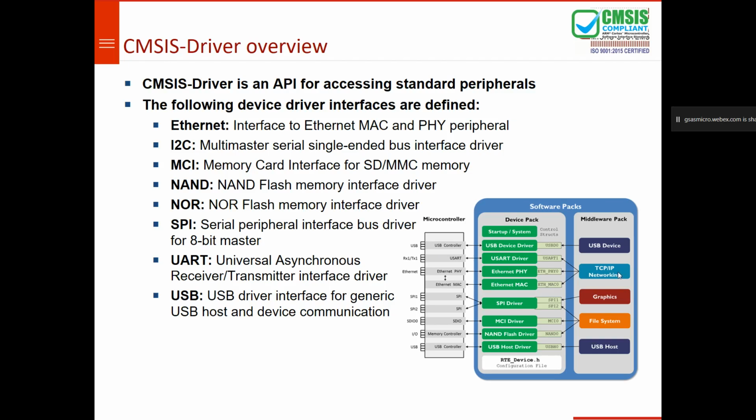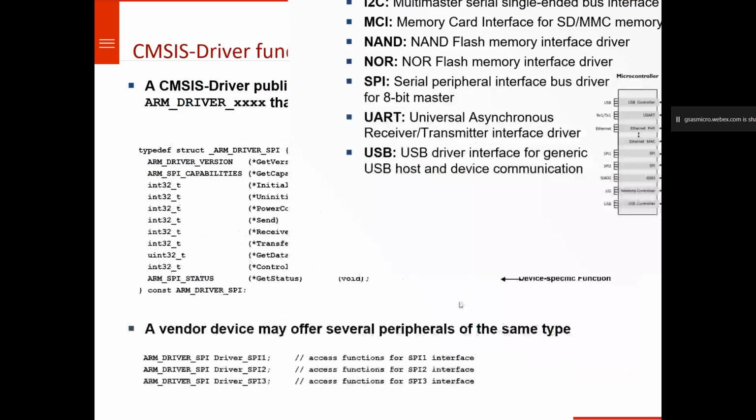For SPI, we have the SPI driver. For the memory controller, we have NAND flash, like that. Some silicon vendors have multiple interfaces, like two I2C interfaces, two SPI interfaces, so based on that you have to use it. They give the generic API for standard peripherals that you may have to modify as per the device you're using.